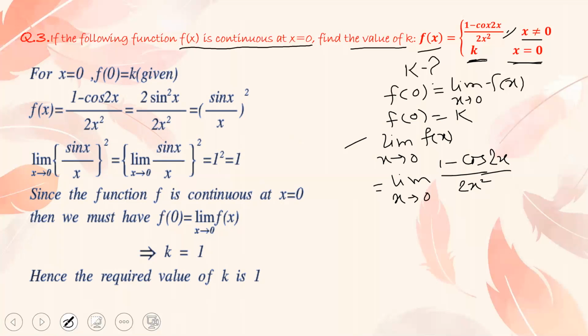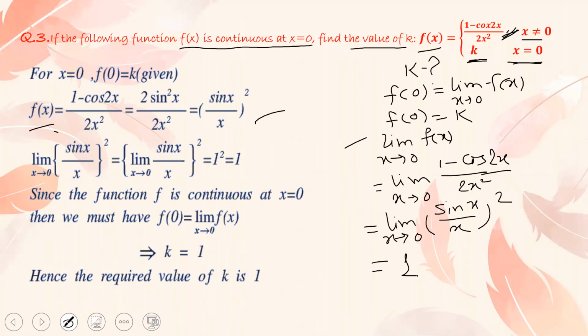So after 0 and before 0, the definition of the function is the same. So this value I can write as limit x tends to 0 of (sin x upon x) whole square, and the ultimate value will come 1.